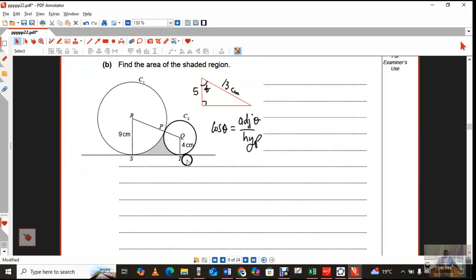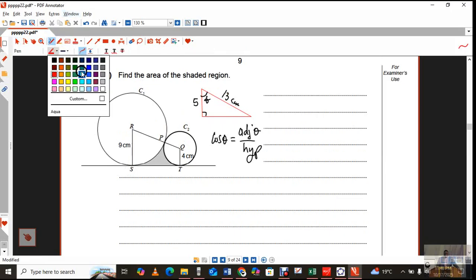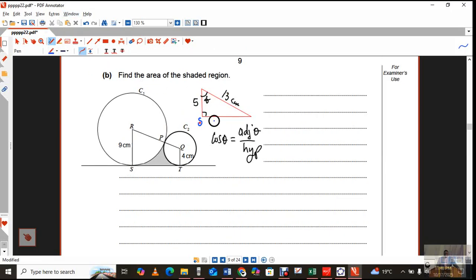There is something that I'm seeing. All right, first let's calculate what ST is. Now, from that right angle triangle, let's say the distance of ST, which I can write over here. To find ST, I will use Pythagoras, and you are looking for the short side, so it's 13 squared minus 5 squared.